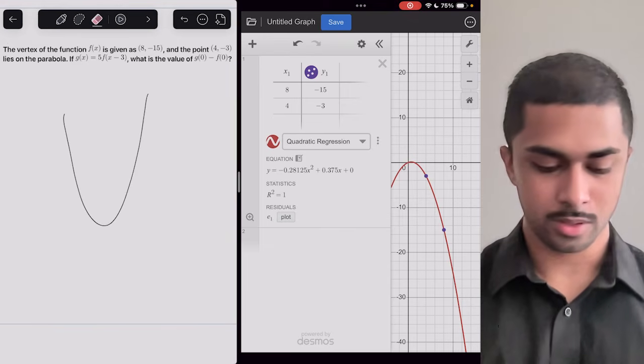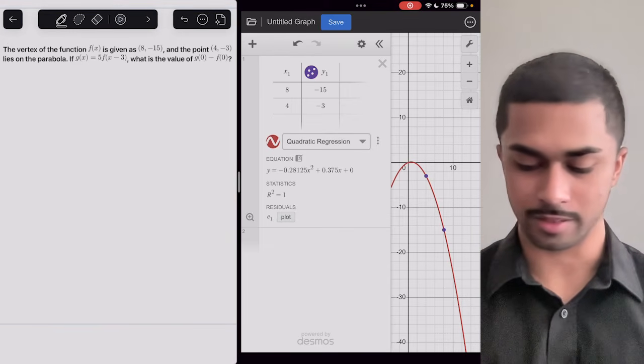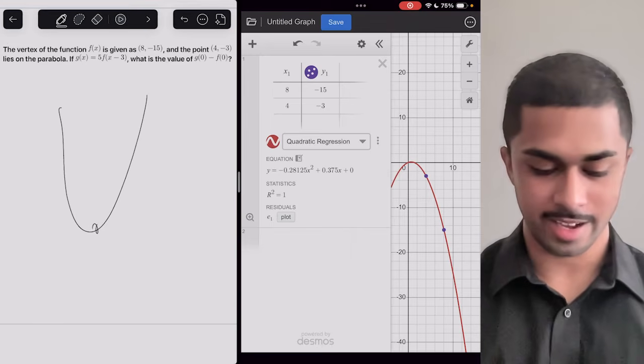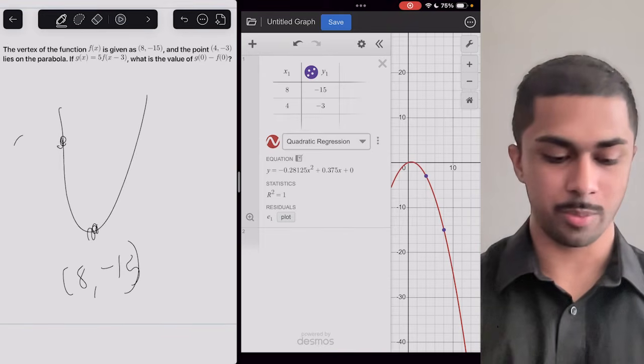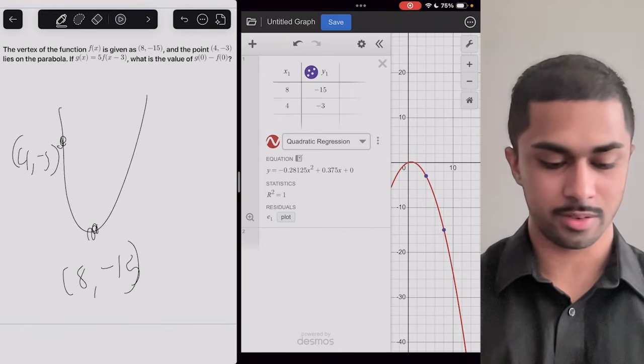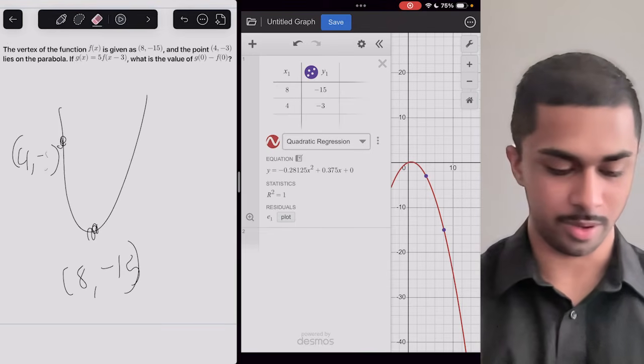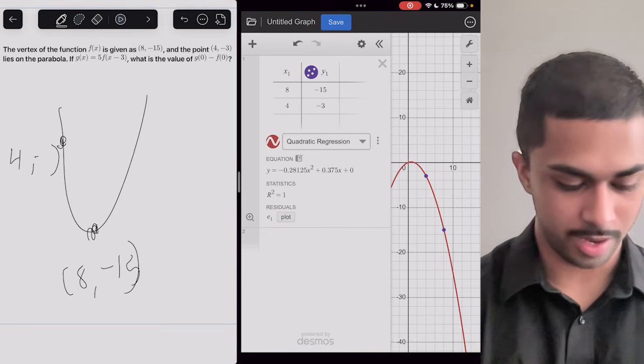Okay. Since we want our graph to look like this, with (8, -15) at the vertex, how do we fix this? There's going to be a point (4, -3) here, right? Let me write that a little better. (4, -3).